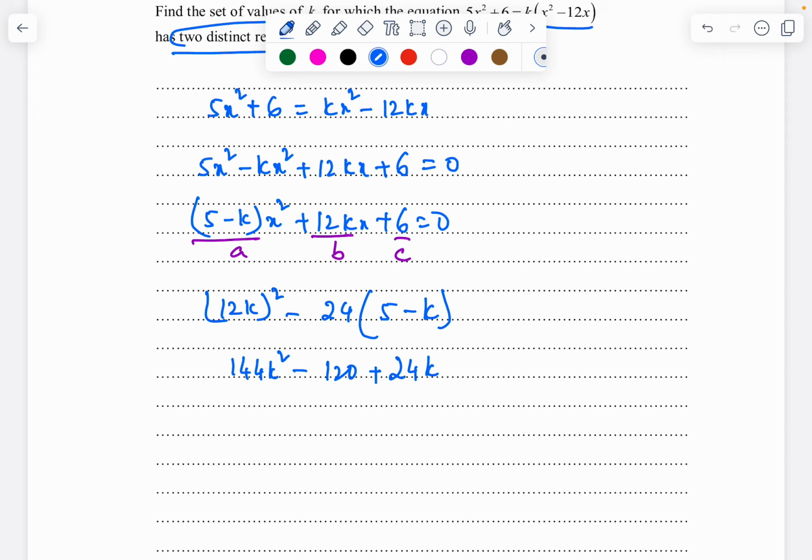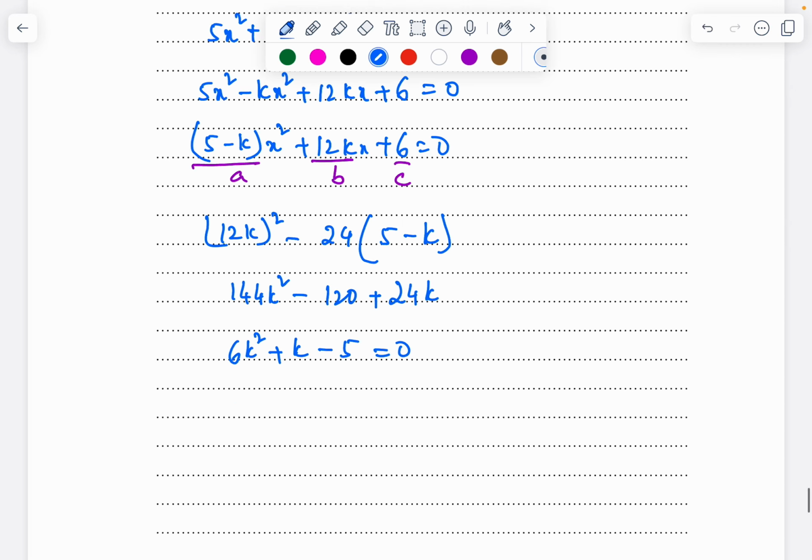So let me divide everything by 24. So this gives me 6k square plus k minus 5 is equal to 0. Let us find the values of k first. So this gives me k plus 1 times 6k minus 5.